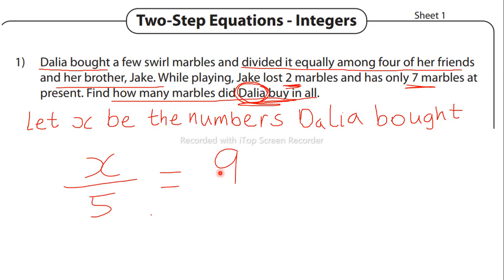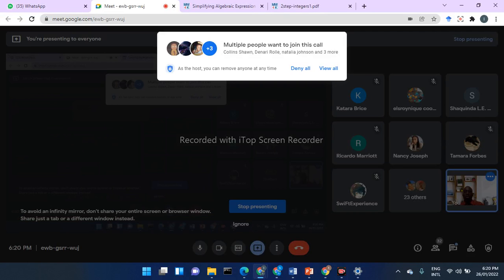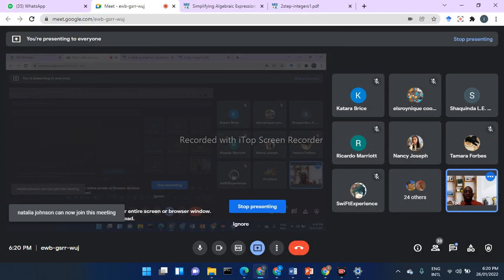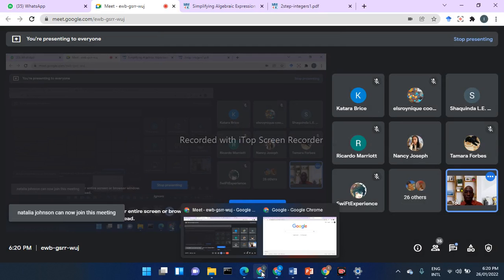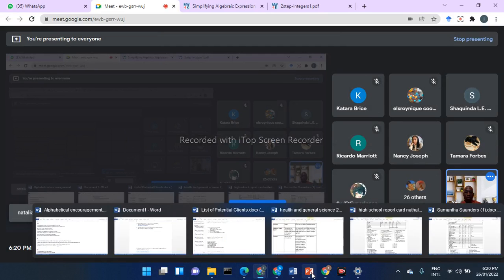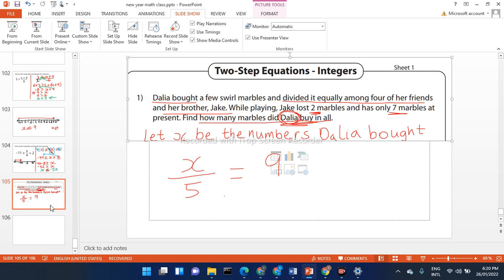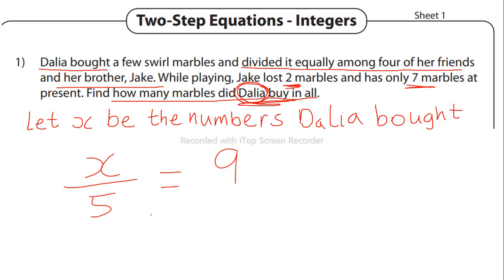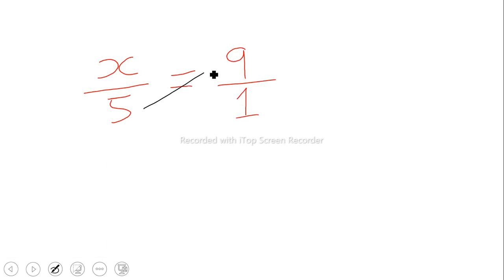So let's show that algebraically. Okay, so it's going to be x divided by 5 is equal to 9. We're going to put the 9 over 1. We cross multiply.